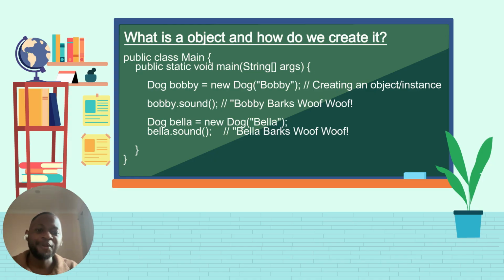You can also access the name property or attribute of the dog object, but I will touch on that in our next example, where I'll code this example and talk more on the concepts.